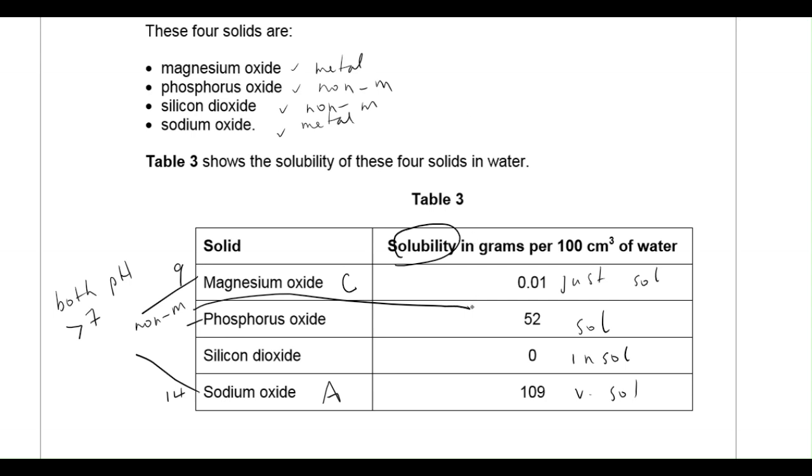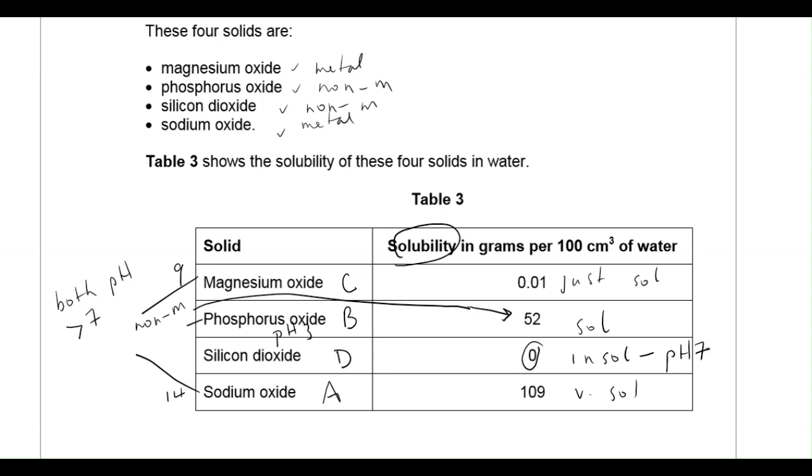So this certainly must be a non-metal oxide, and it must be B because of its solubility. And finally, silicon dioxide has no solubility whatsoever, so this in turn must be the pH 7, so this must be solid D.